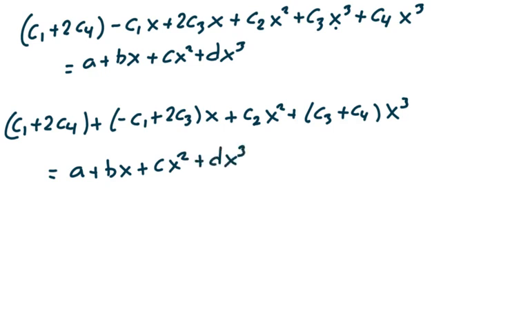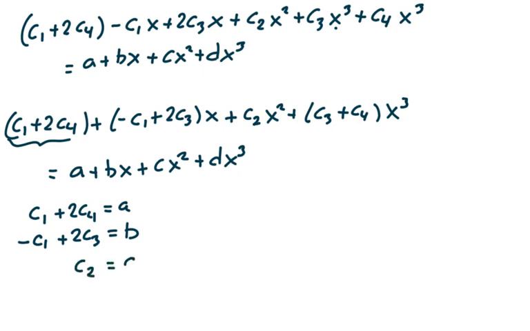Very systematic, okay? Now, what does that mean? Well, c1 plus 2c4 gives me a back. Negative c1 plus 2c3 equals b. c2 equals c, so we're done there. And then c3 plus c4 equals d.